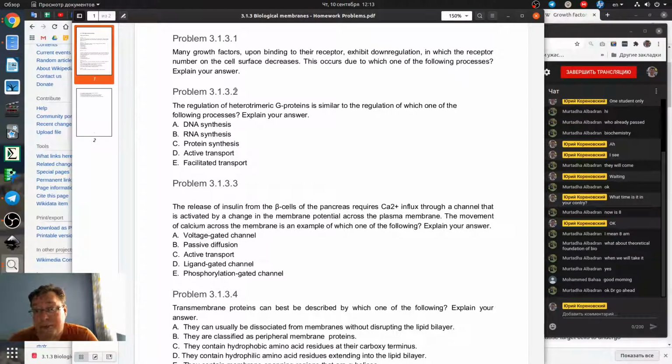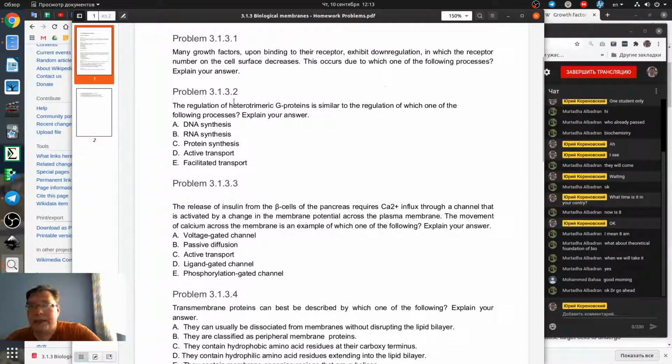Explain your answer. Active transport, facilitated transport, regulation of heterotrimeric, similar to regulation. So, what does it mean?